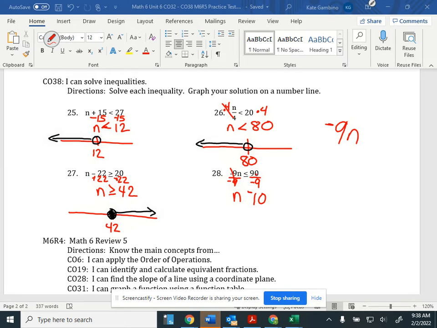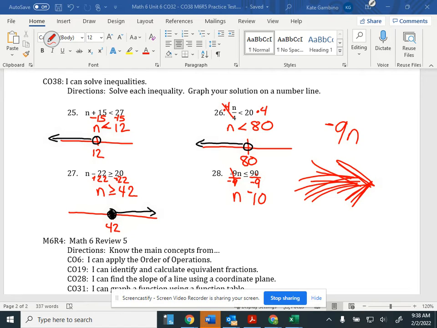Negative 10. And remember, when we are using inequalities and we multiply or divide by a negative, what do I have to do? Remember on our binder sheet, I did this. Don't forget this. Put it on your help sheet. What do we do when we multiply or divide by a negative number? Anthony?